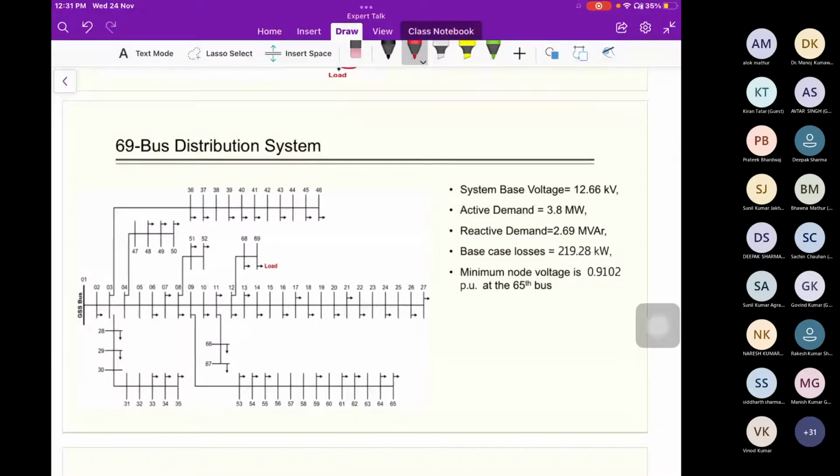In the 69 bus system, there is one feeder and a sub line. So in this condition, the maximum is 69 nodes. And in these nodes, some nodes do not have load values, like bus 5, bus 31, and bus 56, 57, 58.